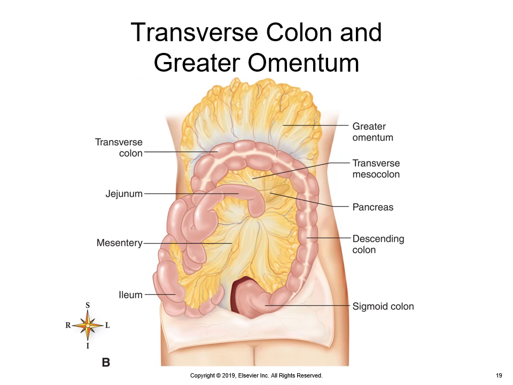All right, we can see the transverse colon here as well. So this is the middle section of our large intestine, and it extends from the hepatic flexure, which would be this first turn right here, the right flexure, and also the splenic flexure.